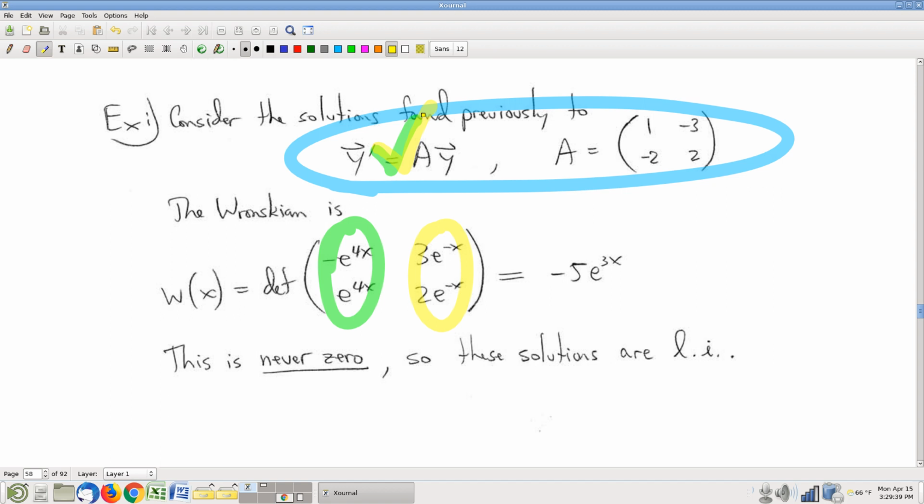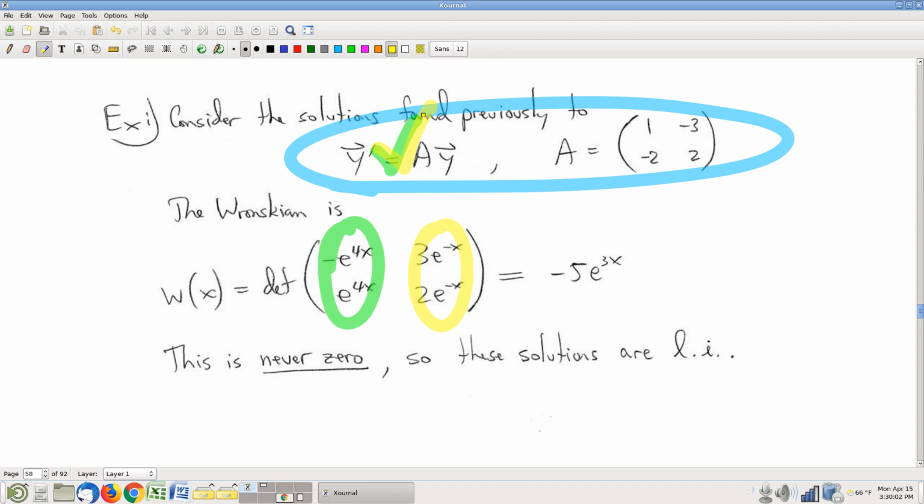These are, I'm going to say, obviously independent because they are multiples of non-parallel vectors. This is a multiple of -1, 1. That one's a multiple of 3, 2. These are functions that are pointing in different directions. They're clearly independent. But let's pretend we hadn't noticed that. Right? This will serve as a nice test case of our Wronskian.